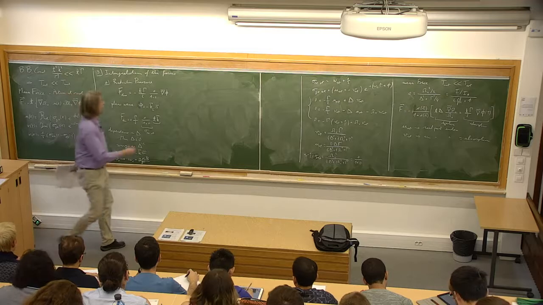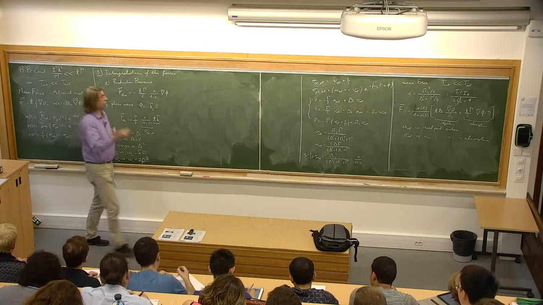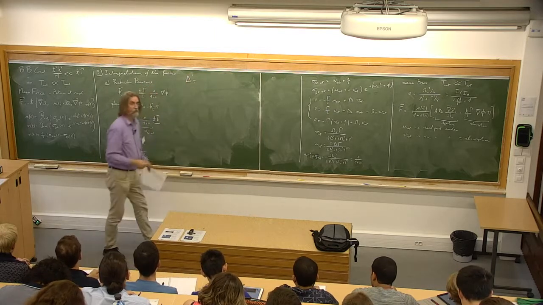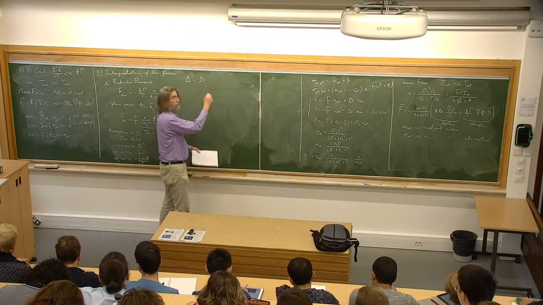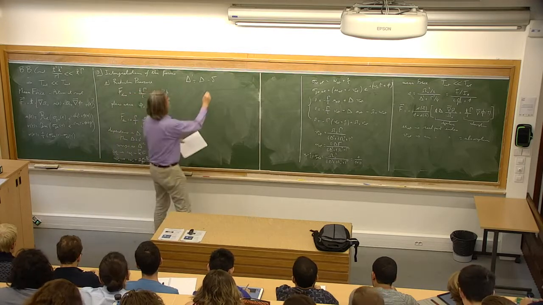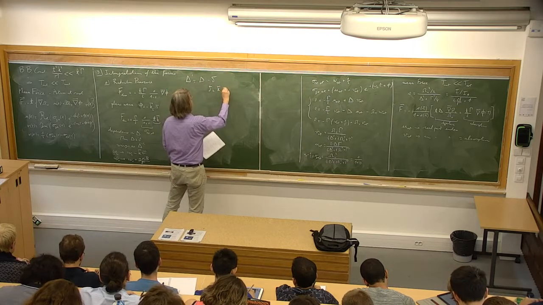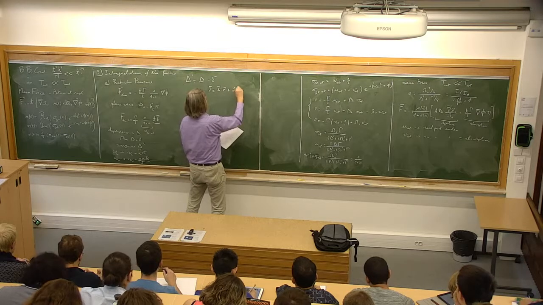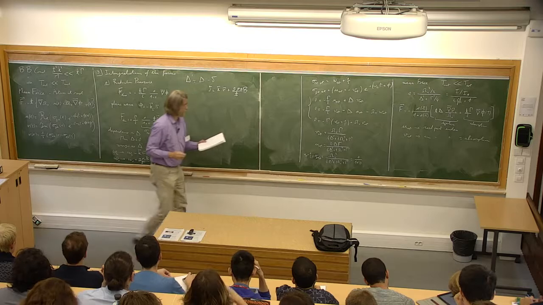And as a result, for a moving atom in a magnetic field, the only thing I have to change is my detuning, which is the original detuning, and I subtract a quantity, the small delta, which is k v plus j mu B B divided by h bar.